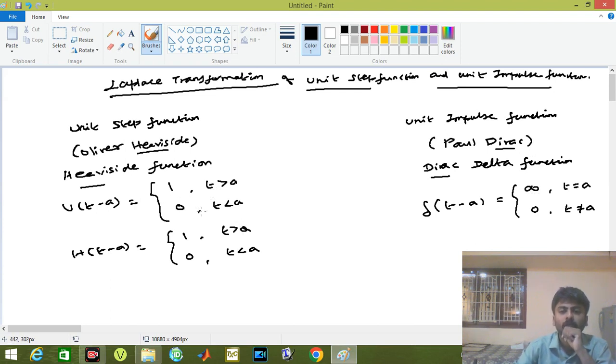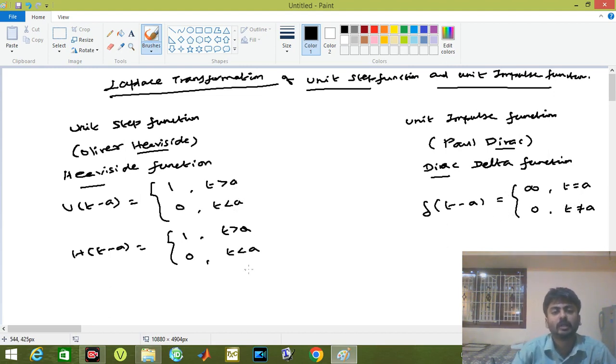So less than a means in unit step function it is becoming 0, whereas if it is not equal to a it is becoming 0 in Heaviside function. Okay, for t greater than a it is becoming 1, and there is no discussion about t equal to a in a unit step function. Okay, whereas here we are discussing that t equal to a becomes infinity.